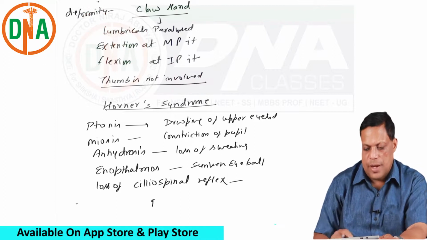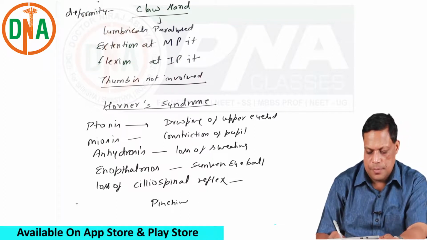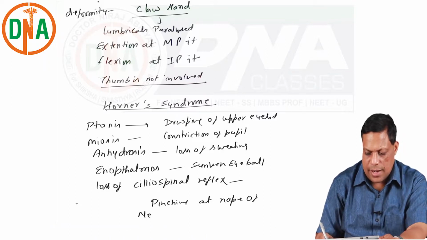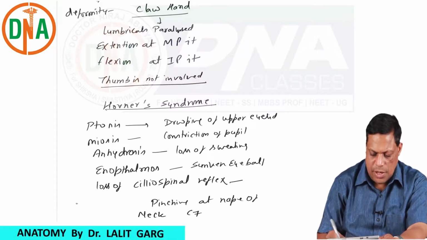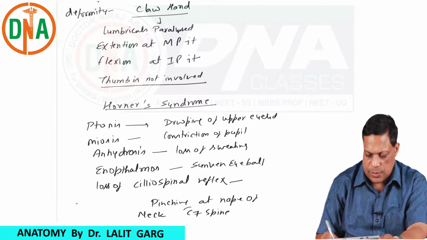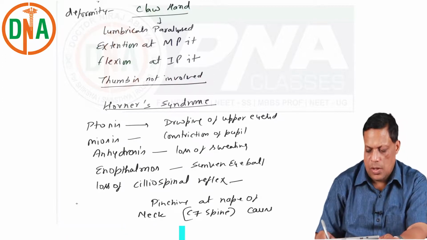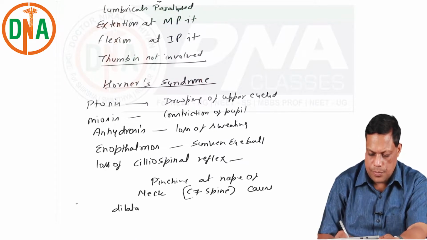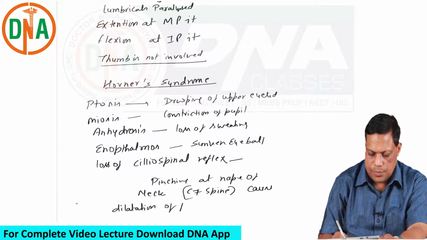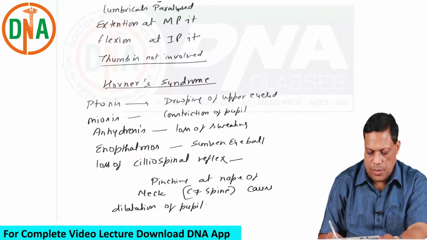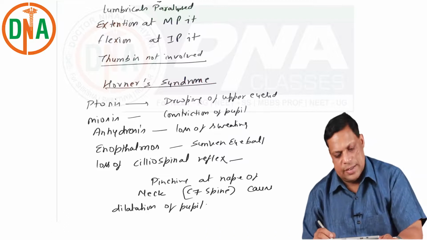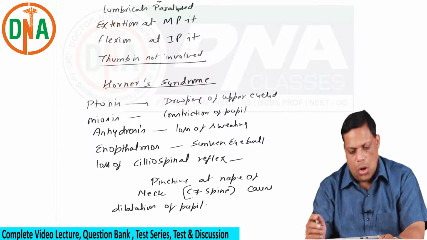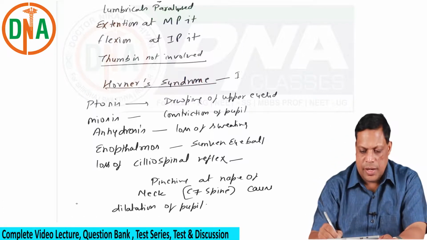And loss of ciliospinal reflex: it shows pinching at nape of neck, nape of neck means the C7 spine, causes dilatation of pupil. This is a normal reflex, and this reflex is lost in Horner's syndrome.